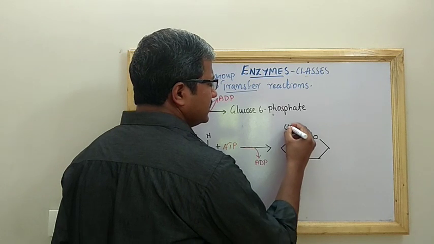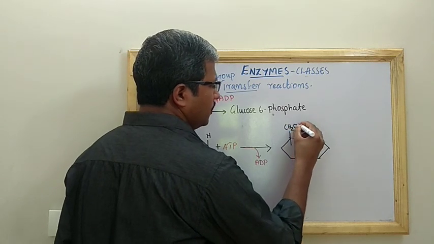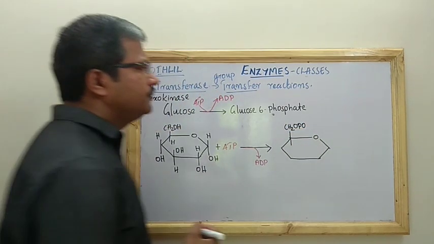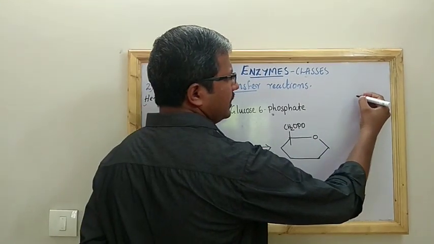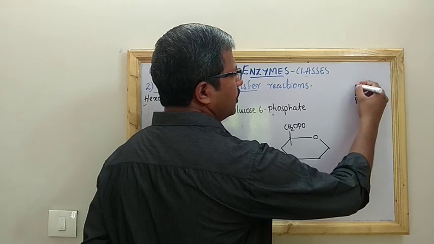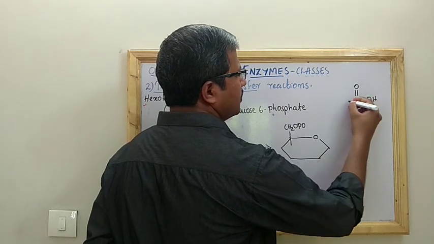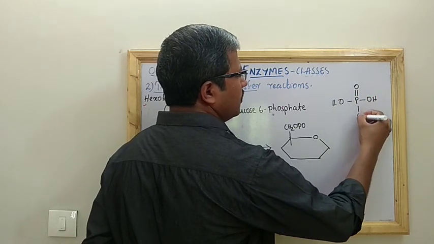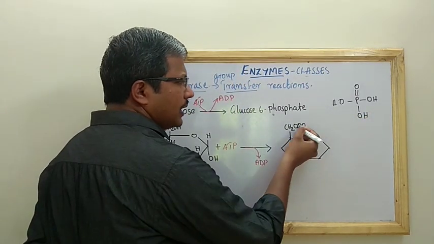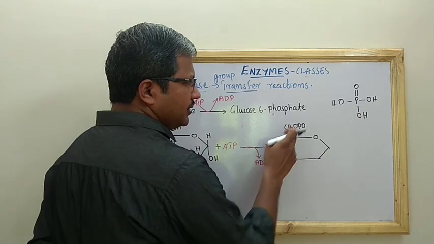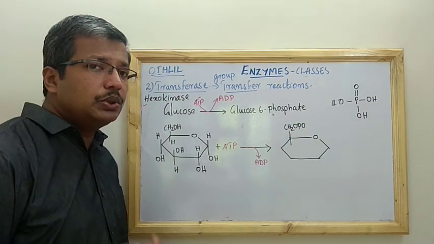So this is the 6th position, CH2OPO. We have already learned about the phosphate group: P, double bond O, OH, OH, OH. When you add this phosphate, one water molecule should be removed.